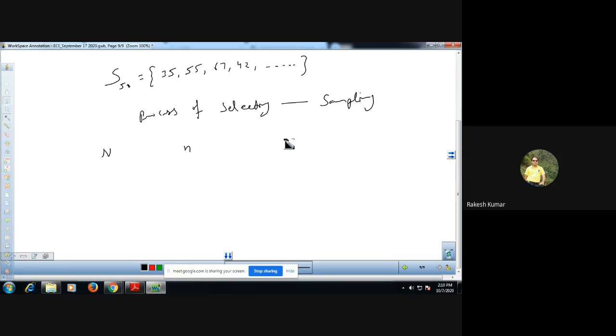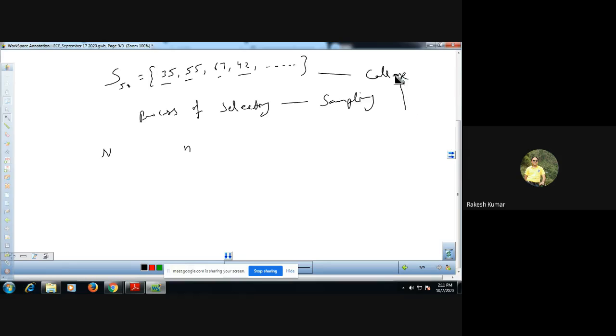What is the population and what is the sample? We are taking 50 students, and their marks have been written over here. Suppose we are taking the example of our college.